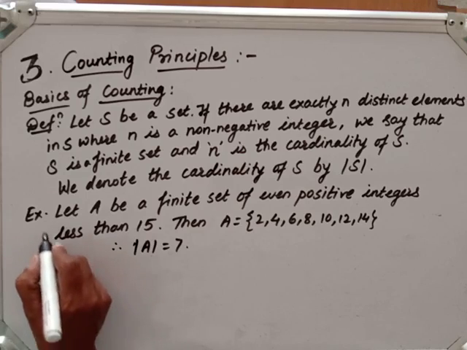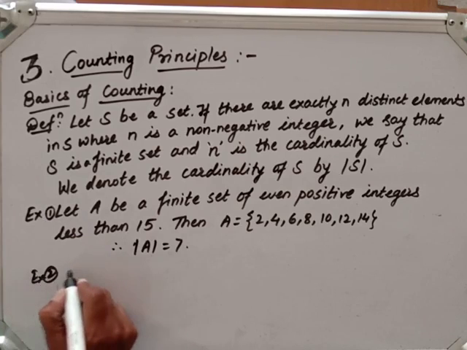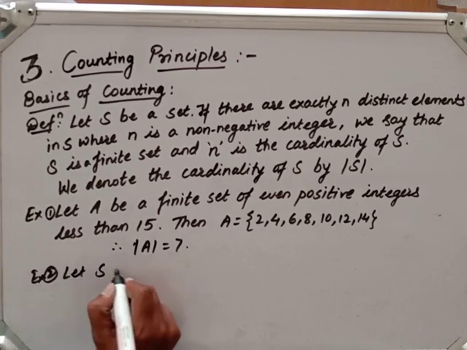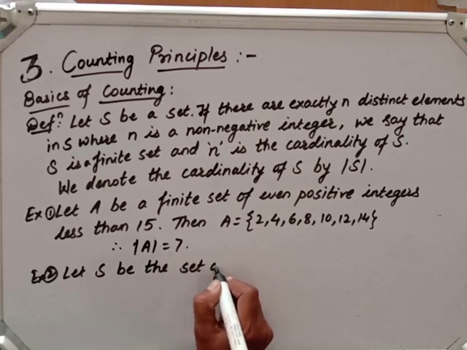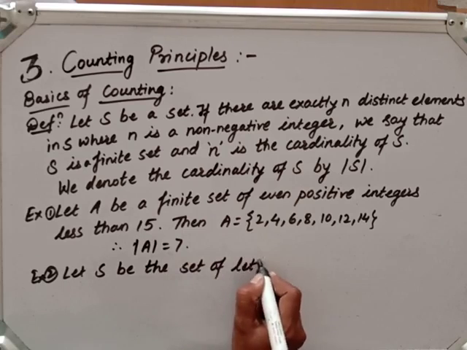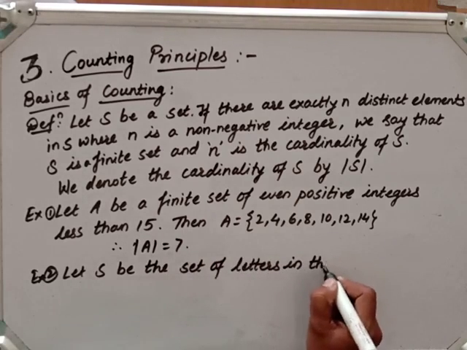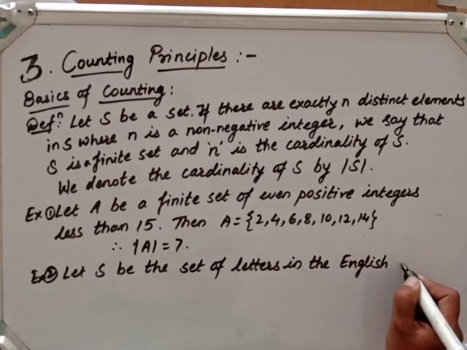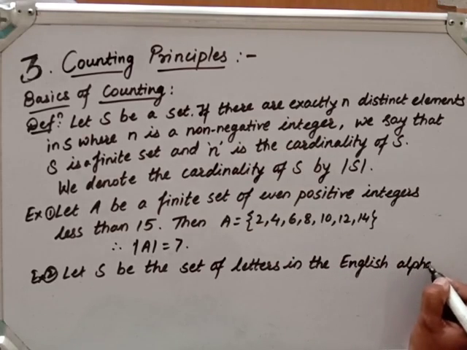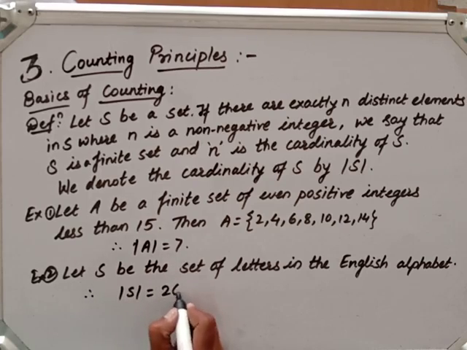Let me take another example. Let S be the set of letters in the English alphabet. Therefore the cardinality of S is 26.